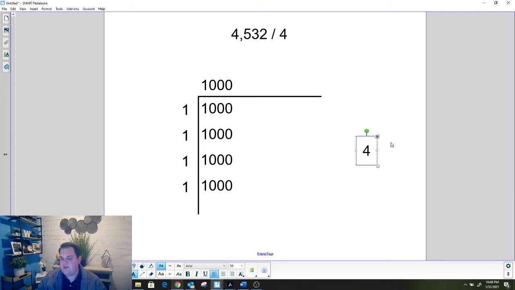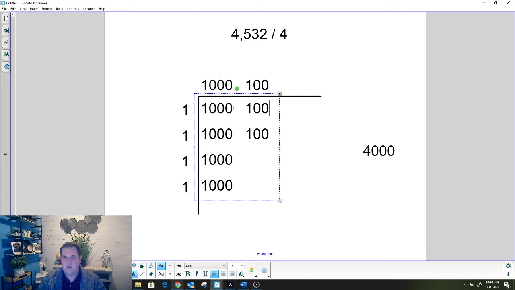Now I have 4,000 in my array. If I continue on, I can put 100 inside my array, and keep doing that. And then I'm up to 4,400. Then I can put 25 in my array.